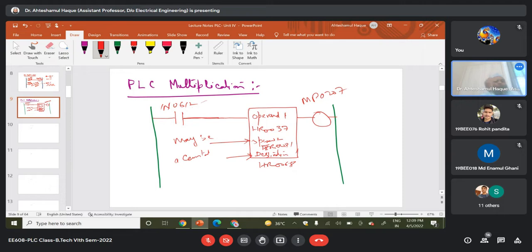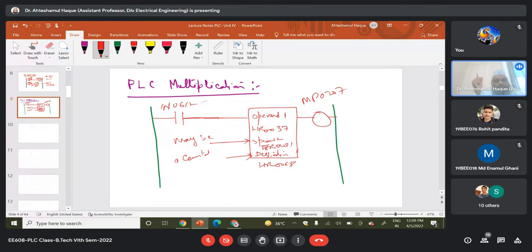Now here, if you see, I have operand 1 in register HR0037, operand 2 in IR0081. Both are to be multiplied, right? This operand 2 could be a register value, the value taken from the register, or it could be a constant value.